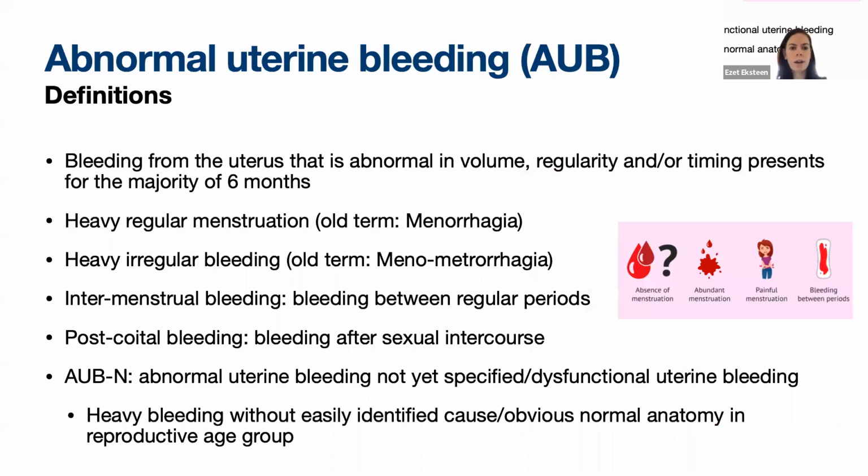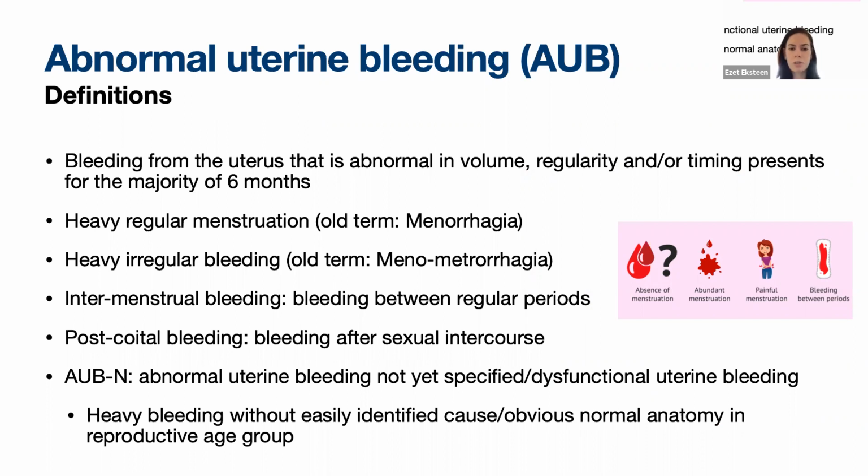Before we get to it, you get different types of abnormal uterine bleeding. It is defined as any bleeding from the uterus that's abnormal in volume or regularity, and that is present for most of the time for at least 6 months, which is actually quite a long period of time.